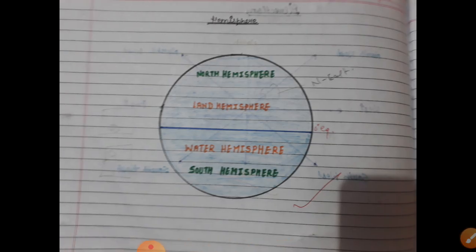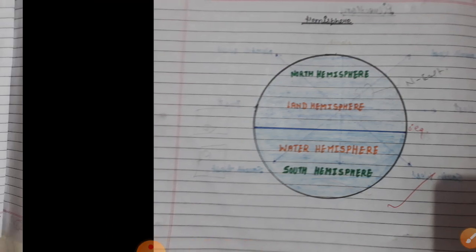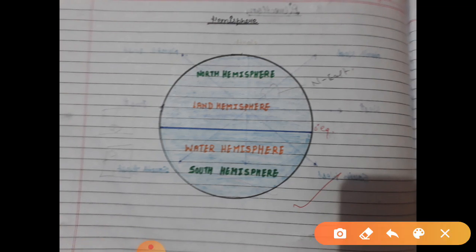Now see, this is your second diagram. In this I have told you that the earth is like a sphere. This is the equator line. It's the longest latitude. It divides the earth into two equal parts, into two equal hemispheres.